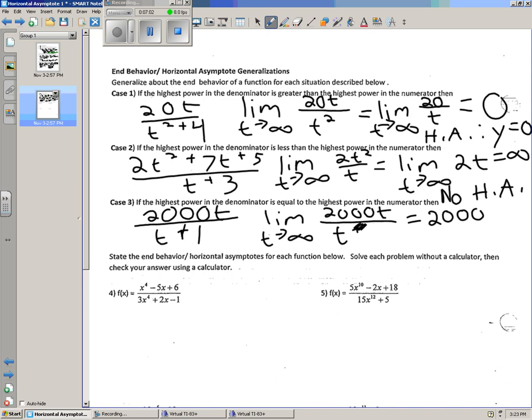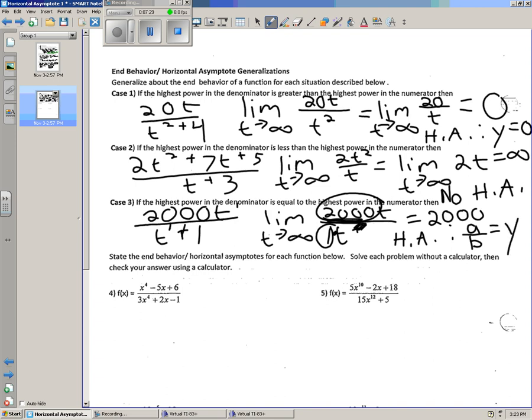So when the exponents are equal, we're going to have a horizontal asymptote at the quotient of the leading coefficients. So we're going to take the number in front of the largest term in the numerator and the number in front of the largest term in the denominator. That tells us where we have our horizontal asymptote.